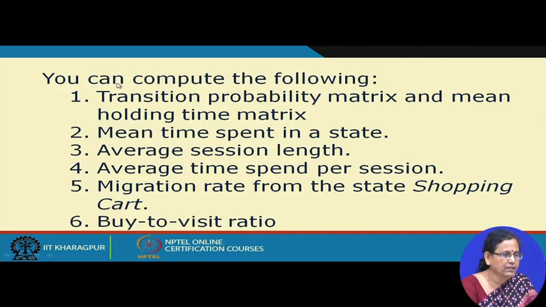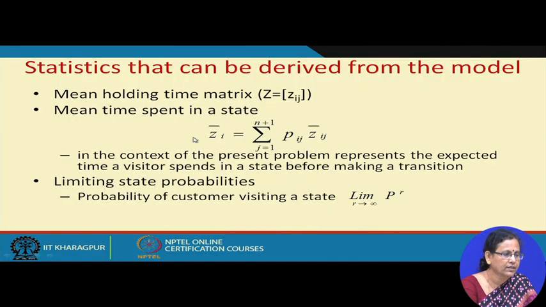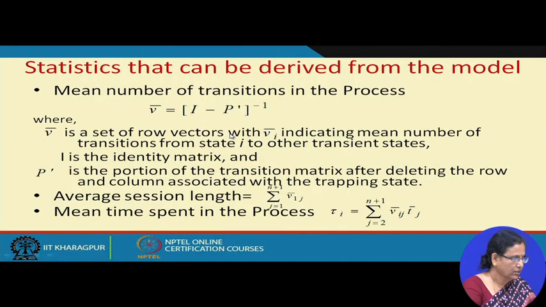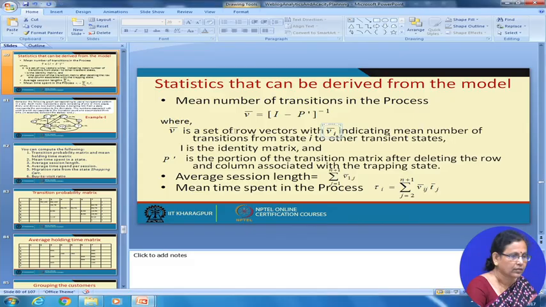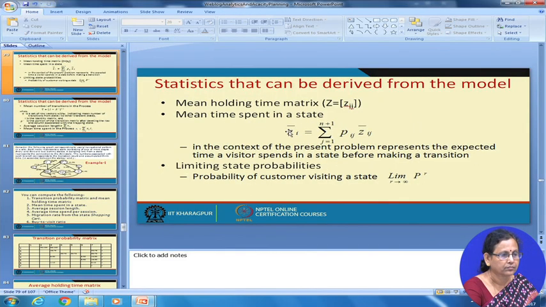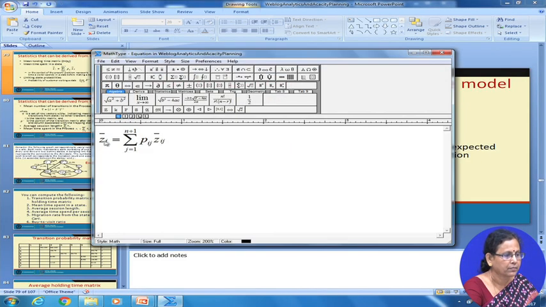So, you can compute the following transition probability matrix, and you can compute the mean holding time matrix. Then after you compute these two, you can find out the mean time spent in a state. This is the mean time spent, okay, it is possible.